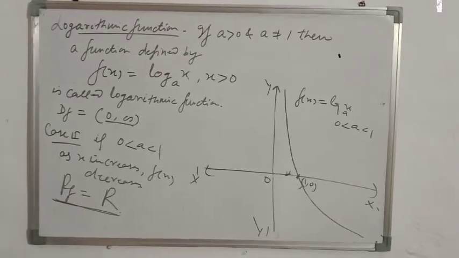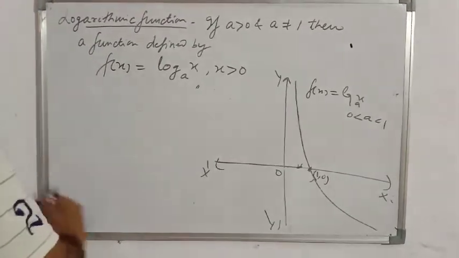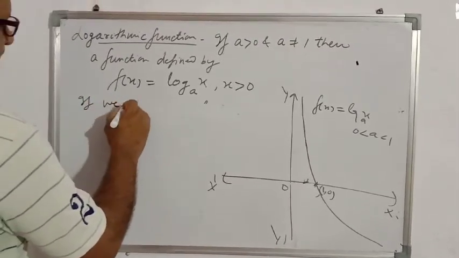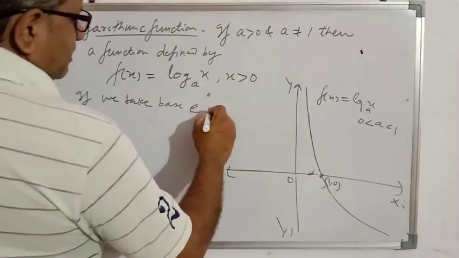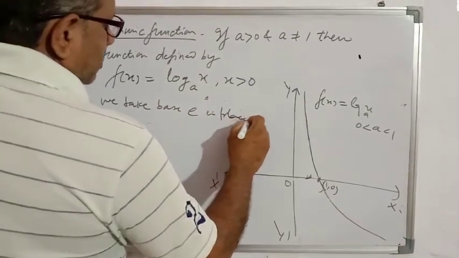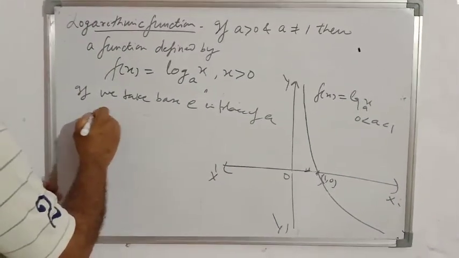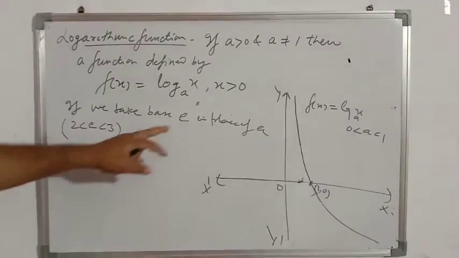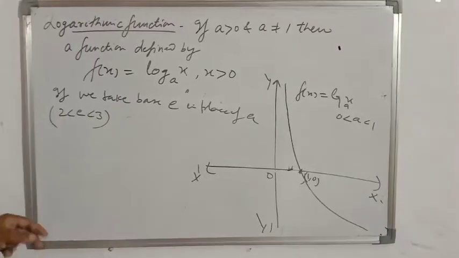If we change the base, and take base e in place of a, the value of e, the exponential, lies between 2 and 3.